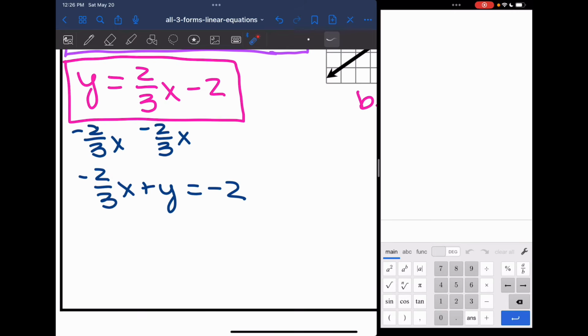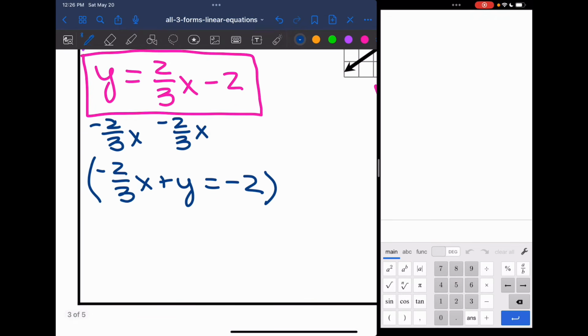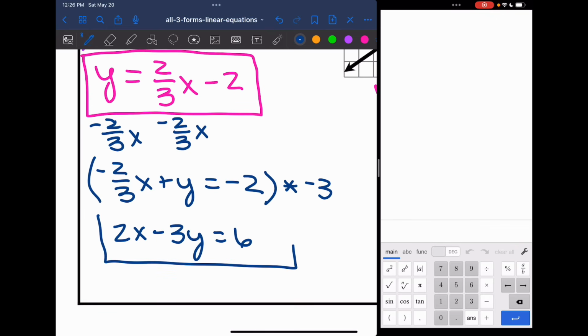It is negative and a fraction right now. So I'm going to multiply by a negative 3, because negative 2/3 times negative 3 becomes a positive 2x. And then y times negative 3 is negative 3y, and negative 2 times negative 3 is 6. So there's the equation in standard form.